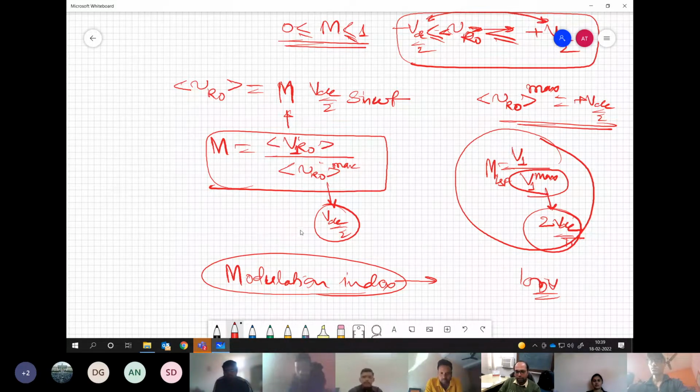So in one place we have the modulation index with respect to the maximum value, which is plus VDC by 2. Another place, in case of low switching frequency, the maximum voltage is 2 VDC by pi. Yes, Deepak?